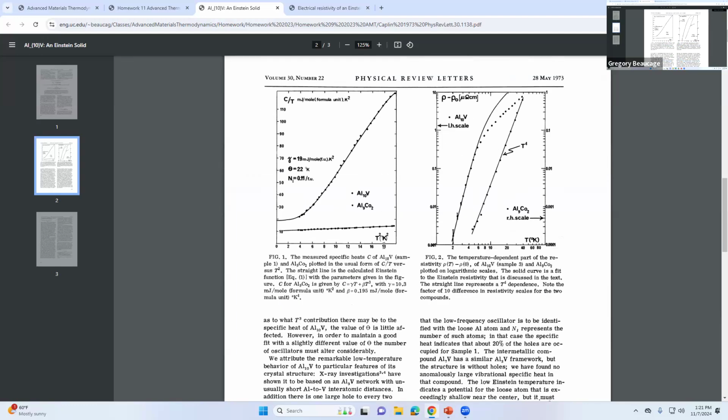This is T squared is 18, so that's 9K. This curve ends right around where this thing deviates. So he's gone further in temperature with the conductivity, and he finds out it fails there.